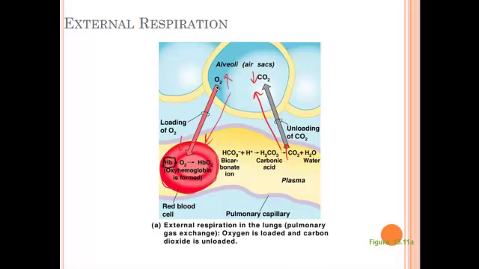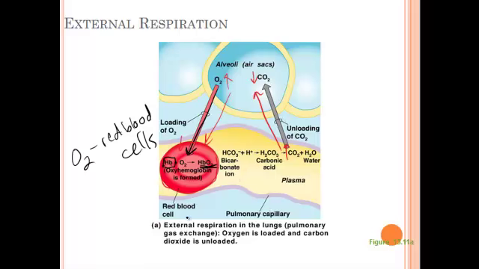So as we breathe in oxygen and it follows its pressure gradient into the blood, this oxygen is going to enter the red blood cells, and it's going to bind with that hemoglobin to become oxyhemoglobin. And that's the way the oxygen is going to be carried around the body. There is a little bit of oxygen that will also dissolve into the plasma, but the majority of oxygen is carried in the red blood cells by the hemoglobin.